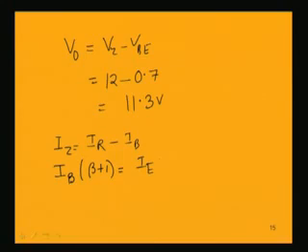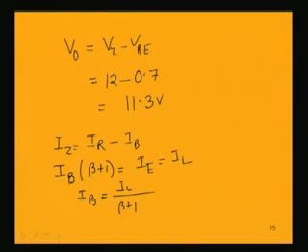So once we know IE, which is nothing but the load current, found by dividing V naught by RL, we can find IB. So IB equals IL divided by beta plus 1.